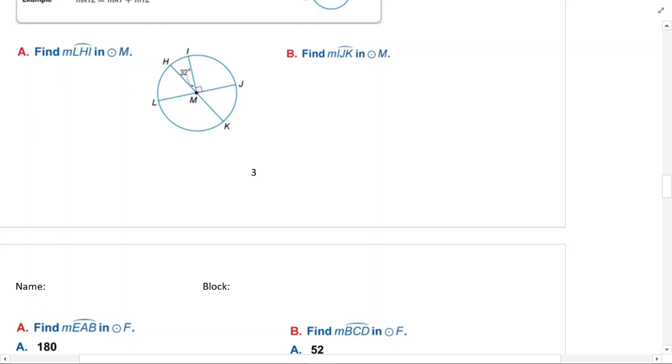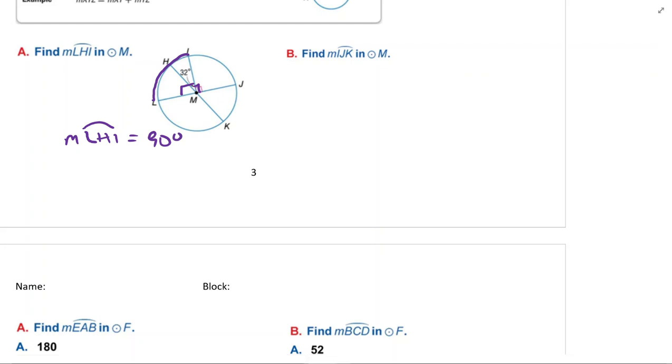So for the next one, we're asked to find the measure of arc LHI. Well, if this is 90 degrees here, this also has to be 90 degrees. So the measure of arc LHI is 90 degrees.